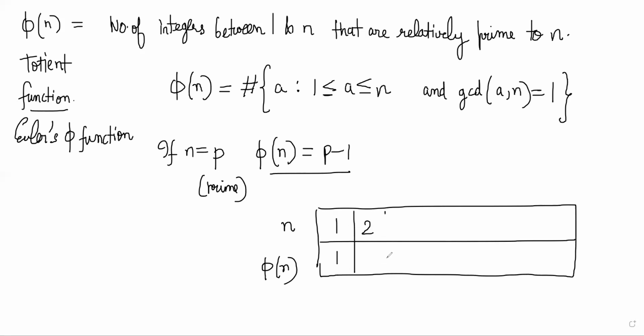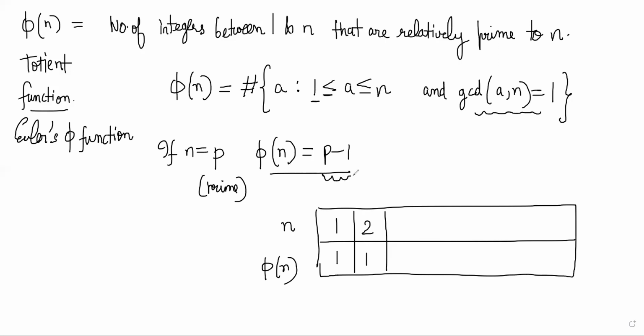N is 2, phi of N will be 1, because GCD of 2 and 2 is 2, and 2 is a prime.